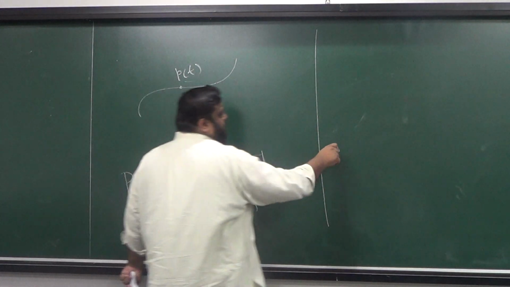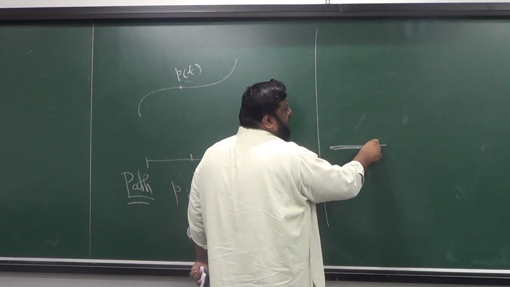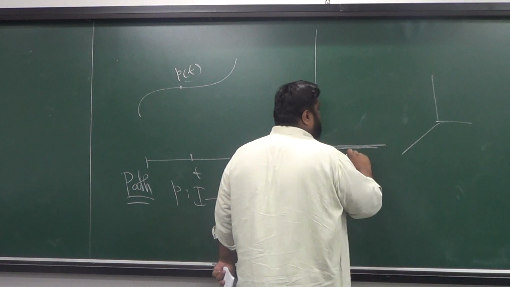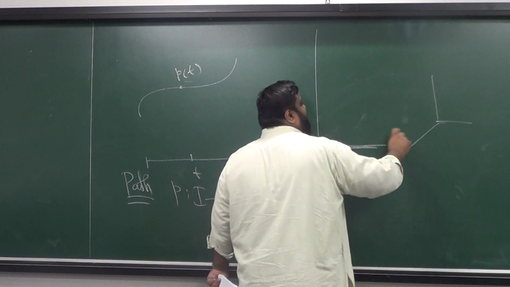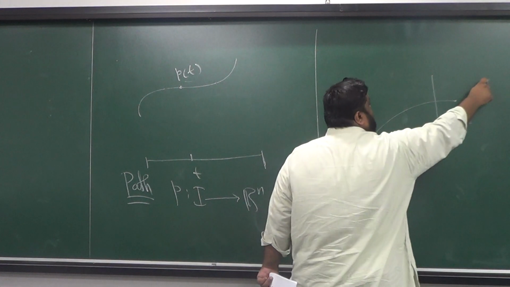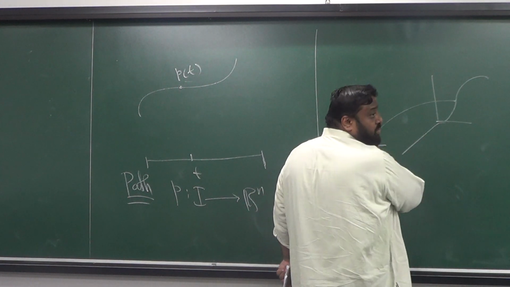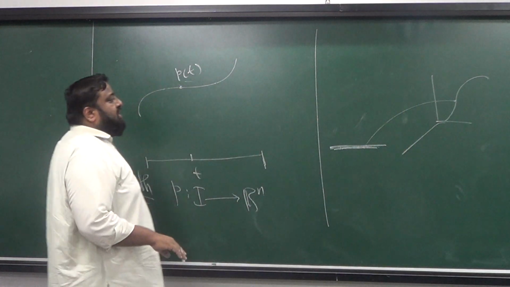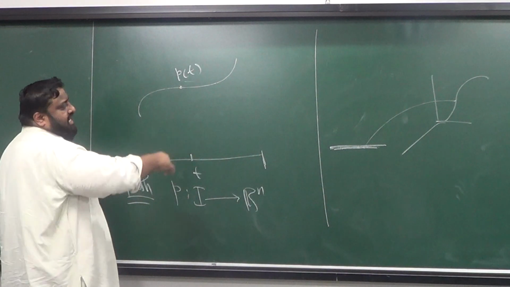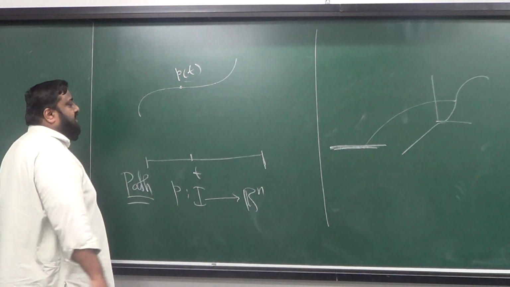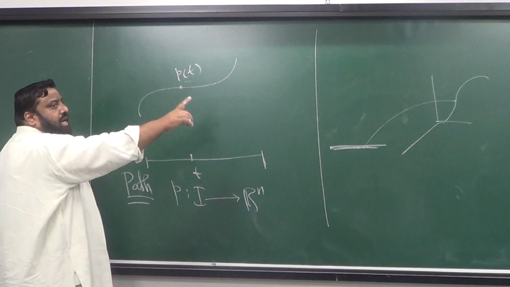More precisely, this is the timeline, and you have three-dimensional space, and each point of the timeline you are mapping onto some point of three-dimensional space, and when you combine all these points, the outputs of all these points, you get a curve, a space curve. Curve is a technical term, we will define it later, but you can call it a path.